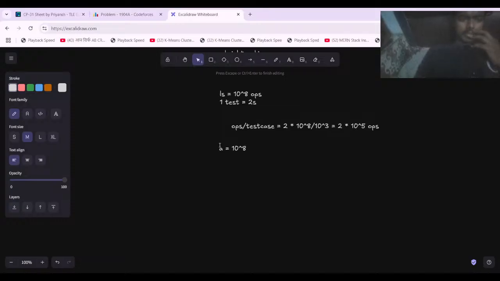So do you think you can create a solution that looks like O of A? No, you cannot, because that means I'm running a solution that's 10 raised to the 8, and every test case is around 2 into 10 to the 5 order. That means this is not possible.